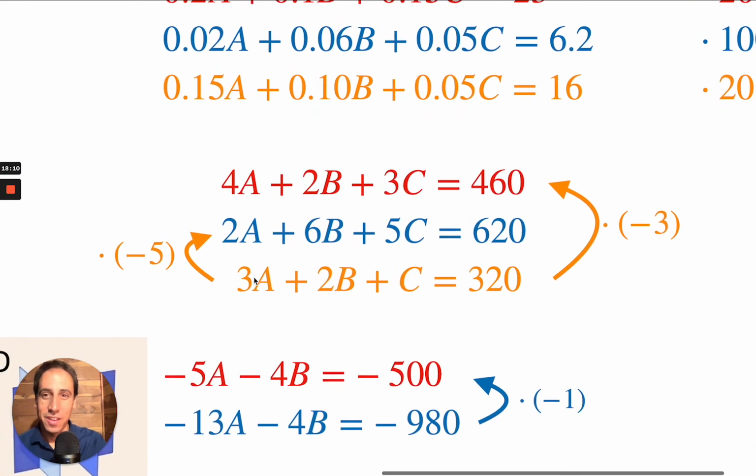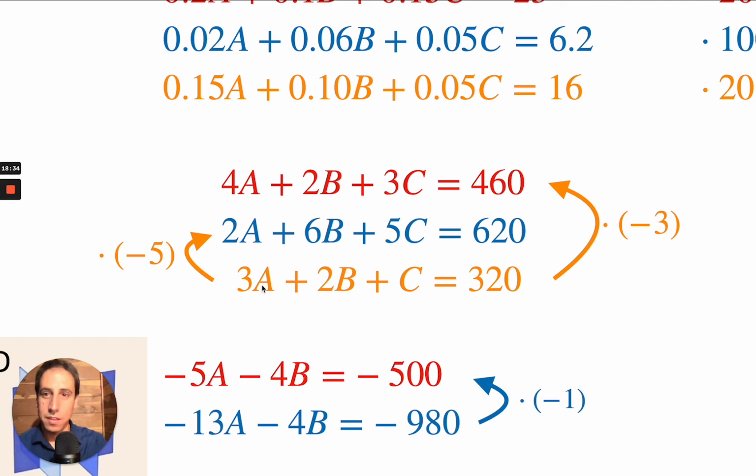Okay, so 3a times negative 5 is negative 15a plus 2a is negative 13a. 2b times negative 5 is negative 10b plus 6b is negative 4b. And 320 times negative 5 is a big number. What is that? 1600. Negative 1600 plus 620 is negative 980.